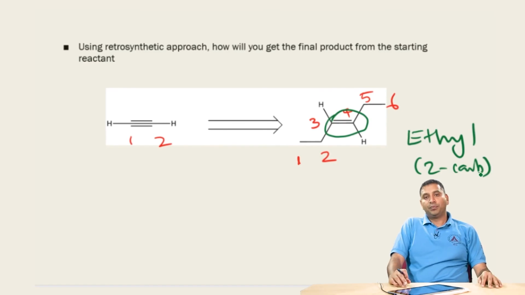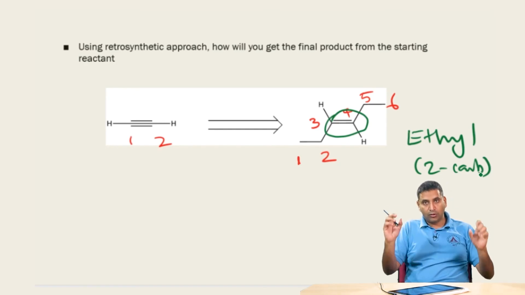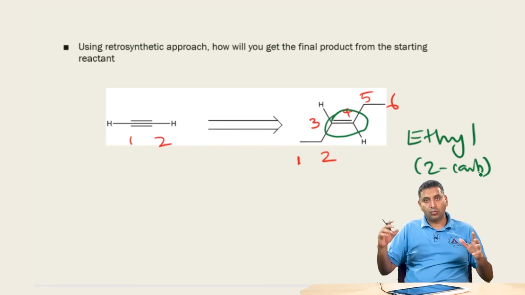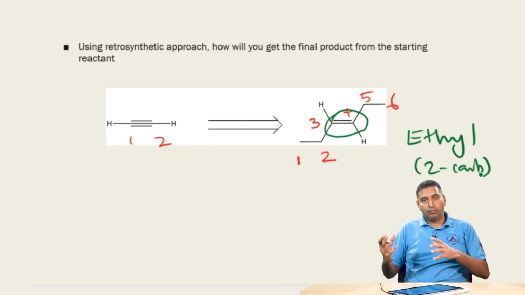Now if I have to use retrosynthesis, what I would argue is that I would need addition of an ethyl group to carbon number 4 and an ethyl group to carbon number 3 to get the final product.